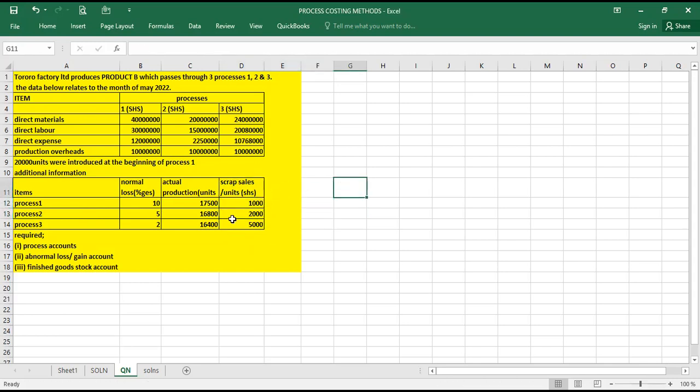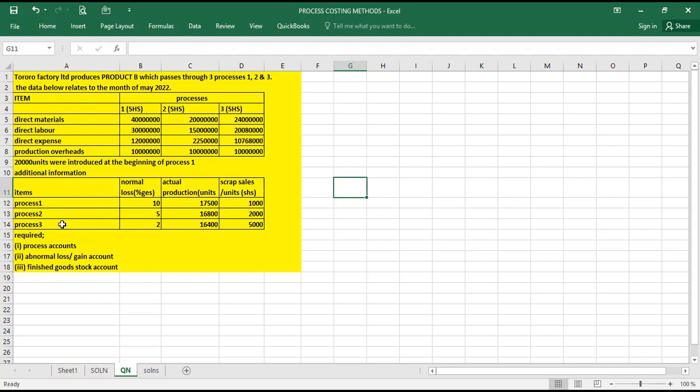That's what they are paying. Then process 2, we have 5% normal loss. We have the actual production, which is 16,800, and the scrap units are bought at 2,000 each.